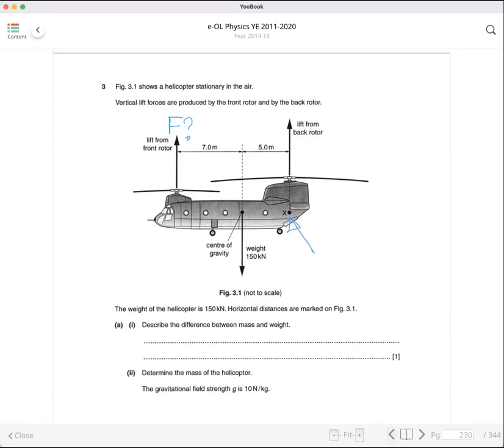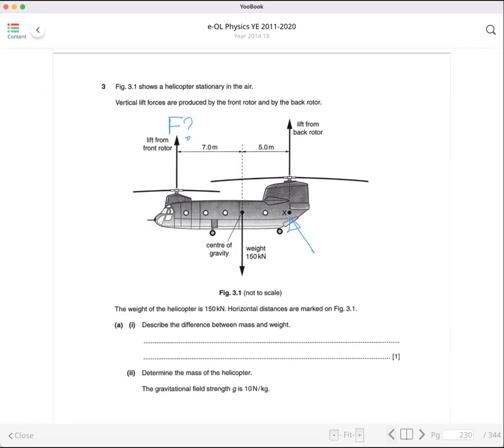Okay, Yiting, you just showed me that my answer is wrong. I think you're correct. Okay, well done, Yiting. I made a mistake. Okay, Pei Guan, what's your answer for F?